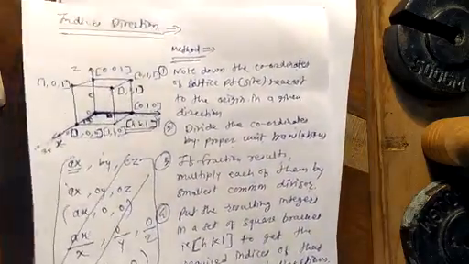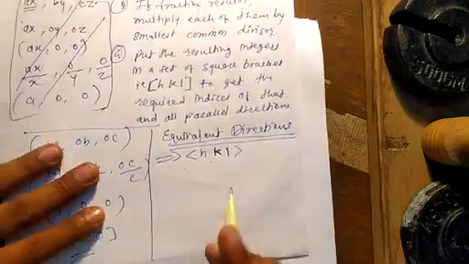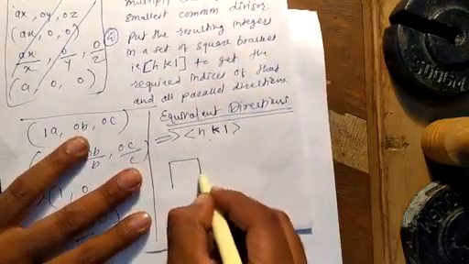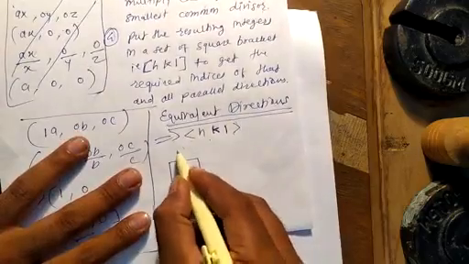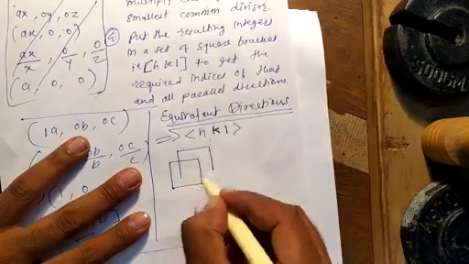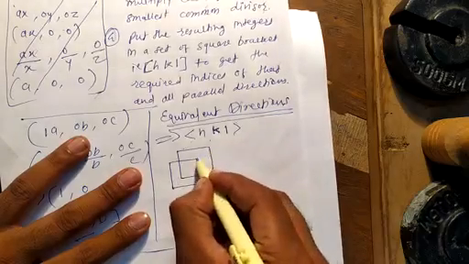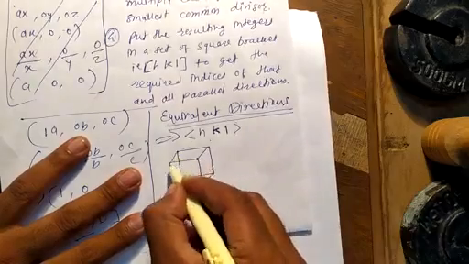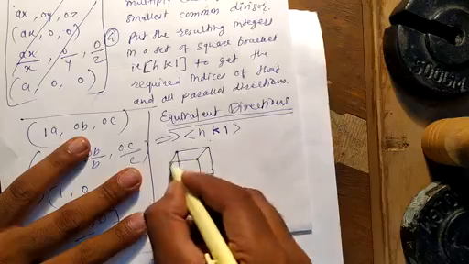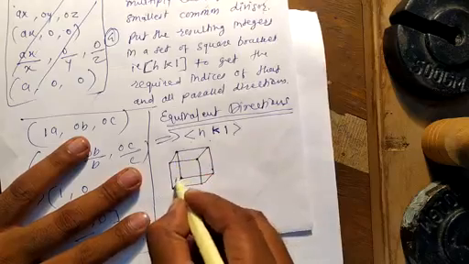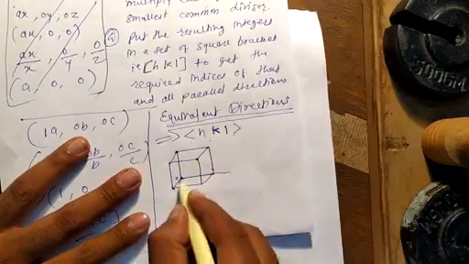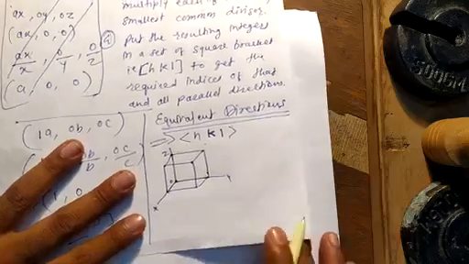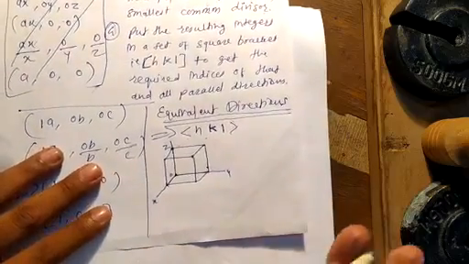That is, let us consider a cube. Here are the lattice points, and suppose this is the origin. This is the x-axis, this is the y-axis, and this is the z-axis. Now suppose this is a simple cubic system.